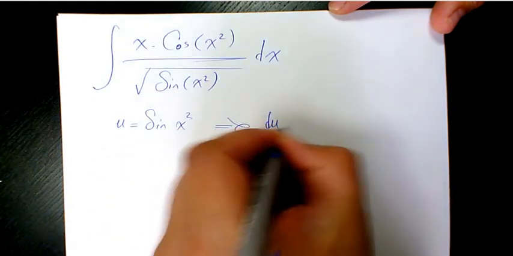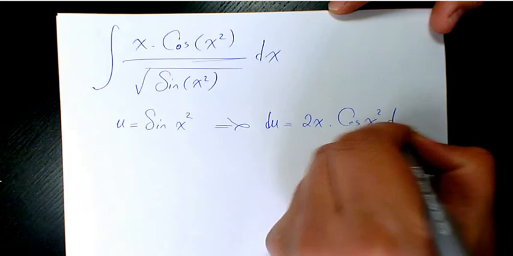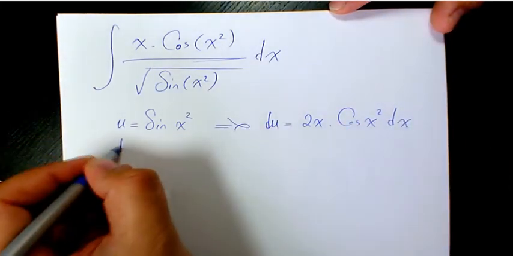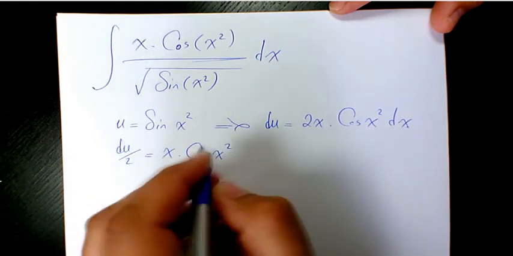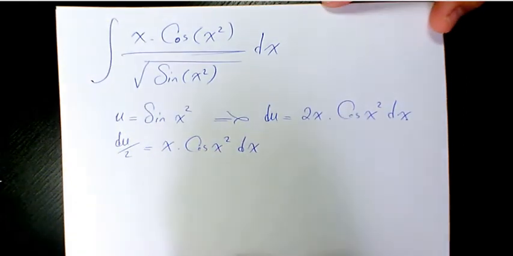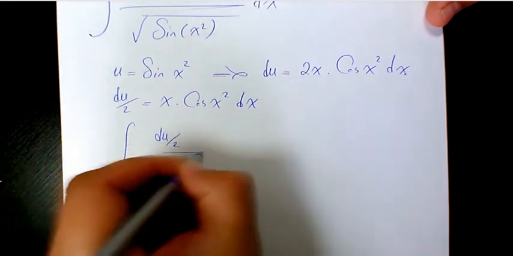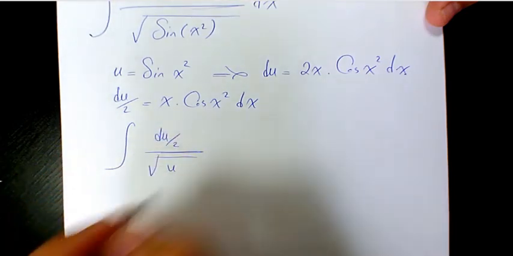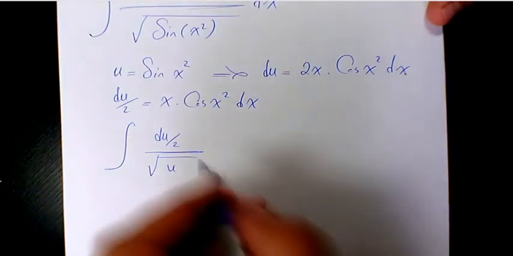Therefore, du is going to be 2x times cosine x squared dx. So du over 2 is going to be x times cosine x squared times dx. So we're going to have du over 2 over square root of u.